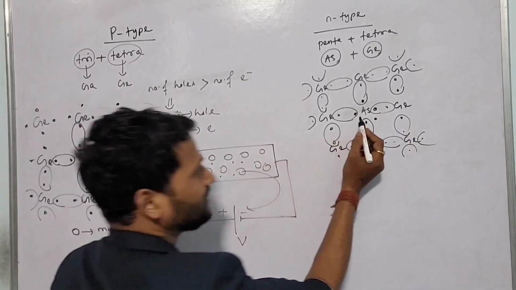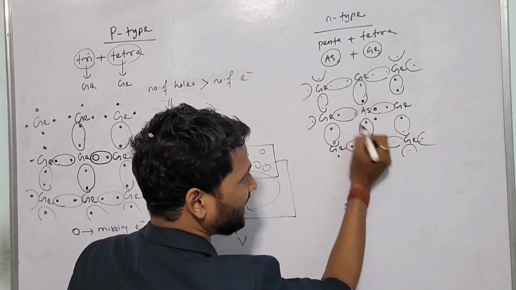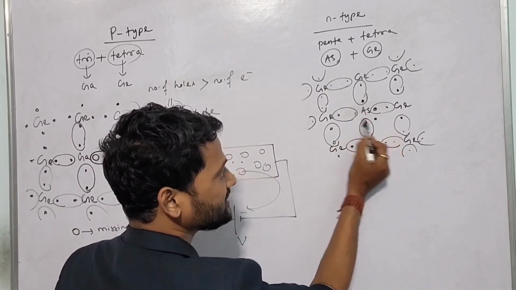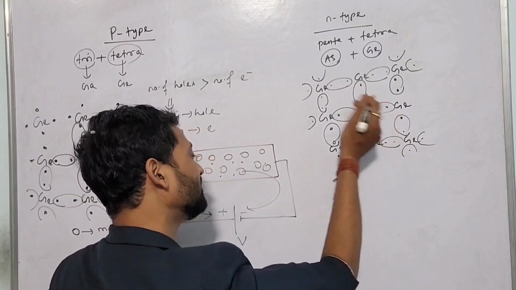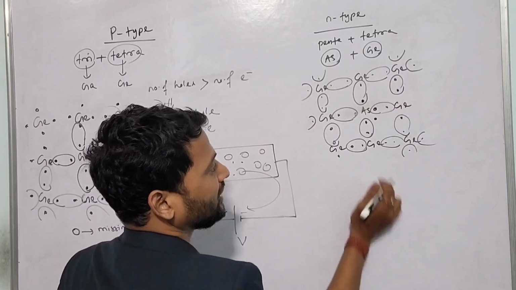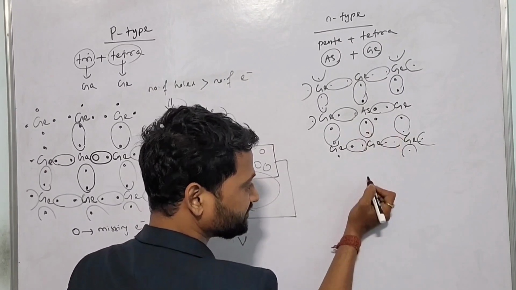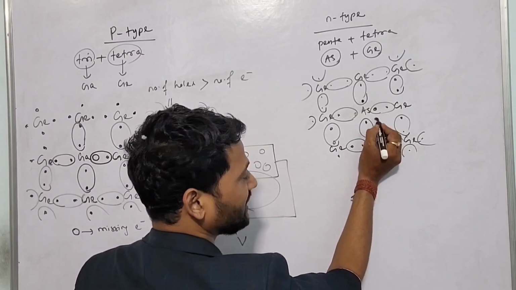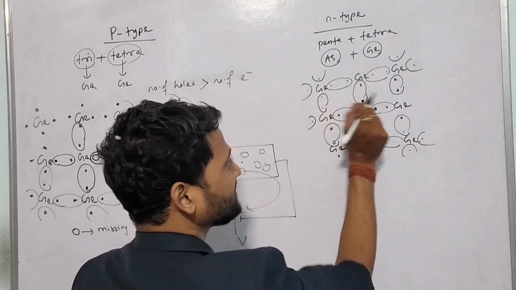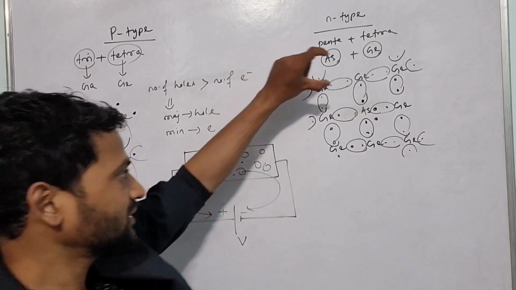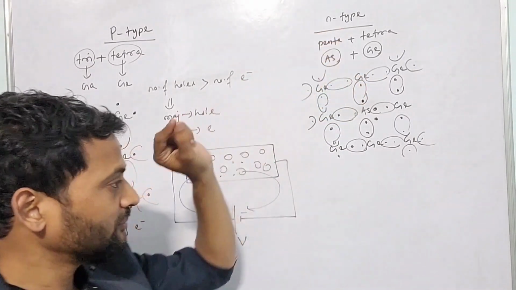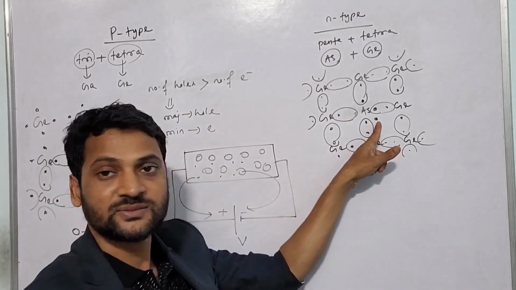So here, since arsenic has 5 electrons in the outermost orbit, 4 valence electrons of arsenic will make covalent bonds with 4 germanium atoms, and 1 electron is left. 1 electron is left and it is free. So one arsenic atom, or one arsenic impurity, will make 1 electron free.